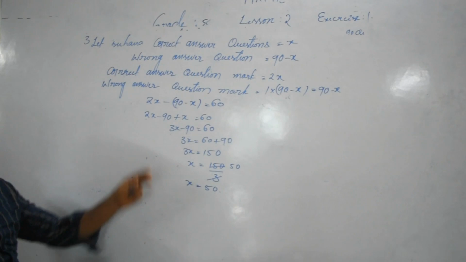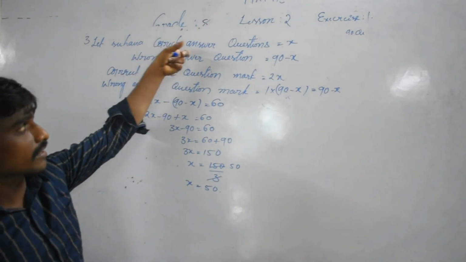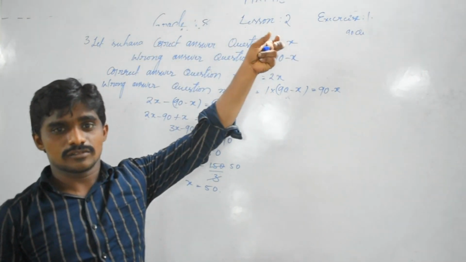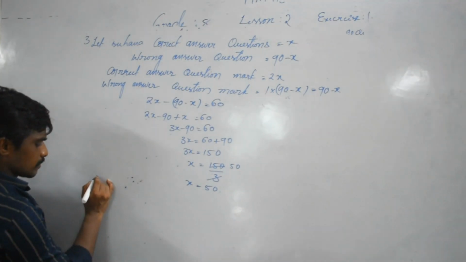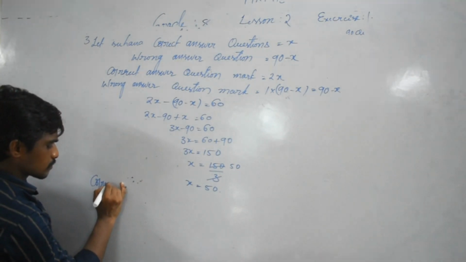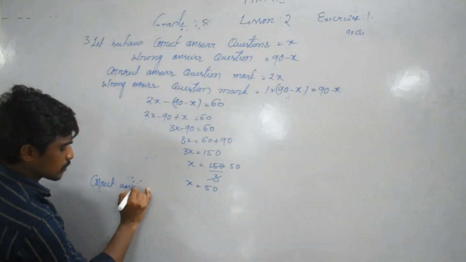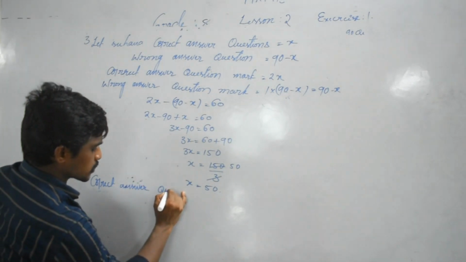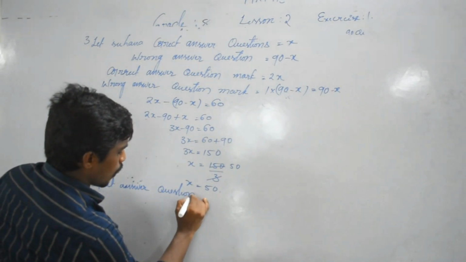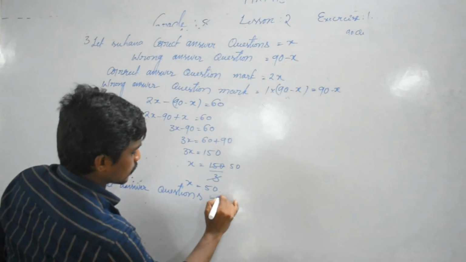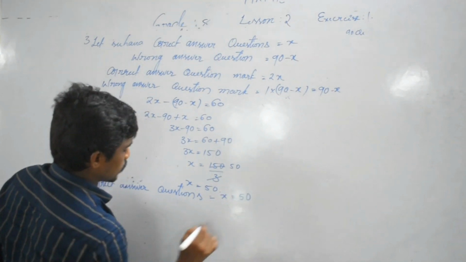What is x? Correct answer questions. x is equal to 50.